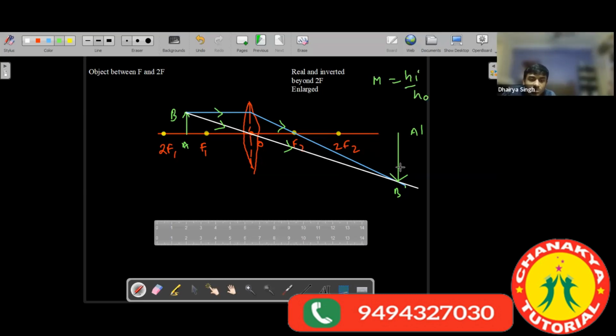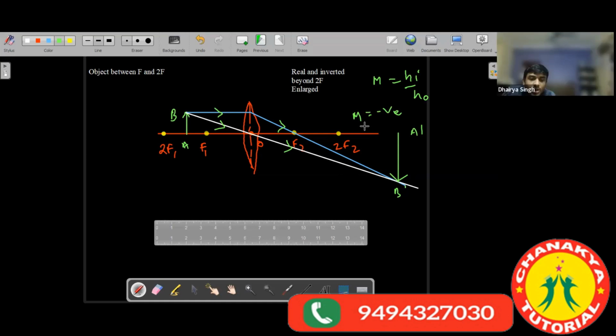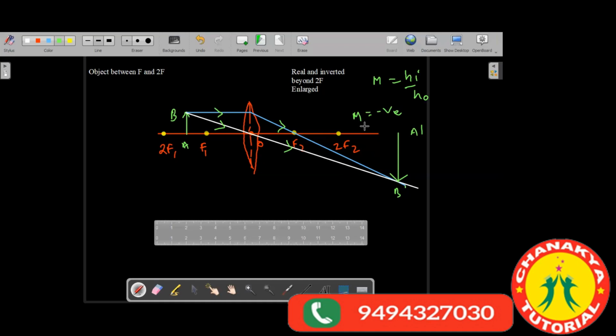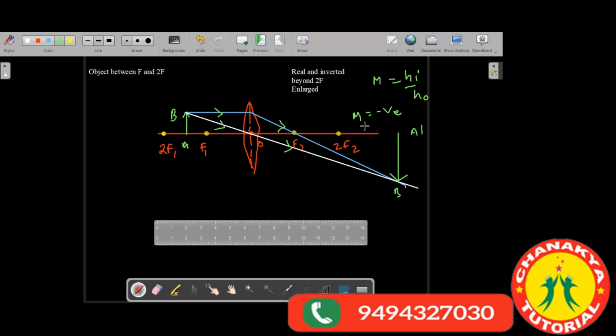So in this case, we will get magnification as negative. And what about the value of magnification? Will it be greater than 1 or less than 1? Greater than 1, sir. Yeah, magnification here will be greater than 1. For example, you can have magnification of minus 1.5, minus 2, minus 3, minus 2.2. All such magnifications will correspond to this ray diagram.